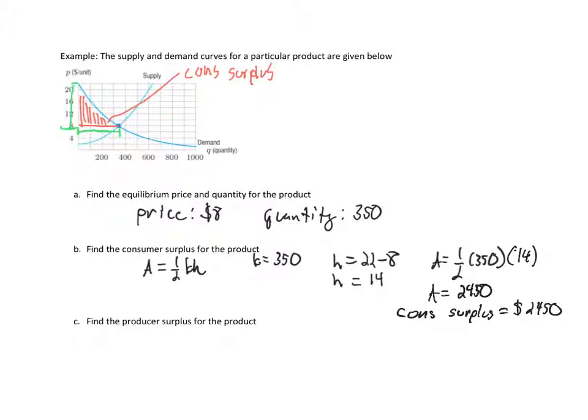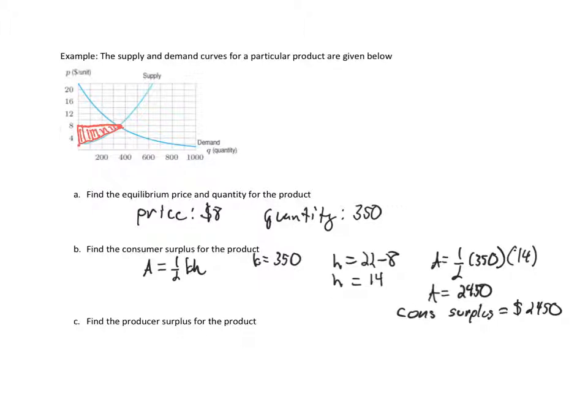So I'm going to erase those things real quick just so we can now go back and do the producer surplus. Let's begin first again by looking at the approximate triangle that would represent our producer surplus, and that would be this area in here.